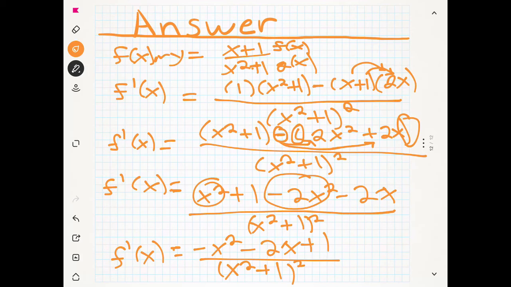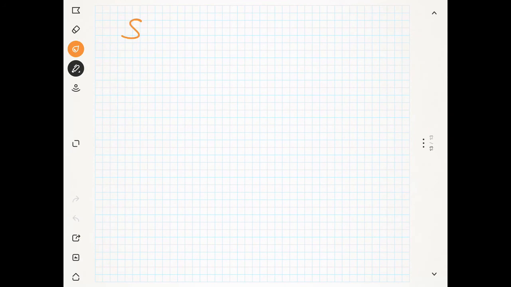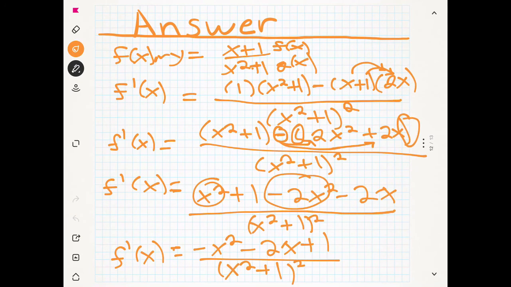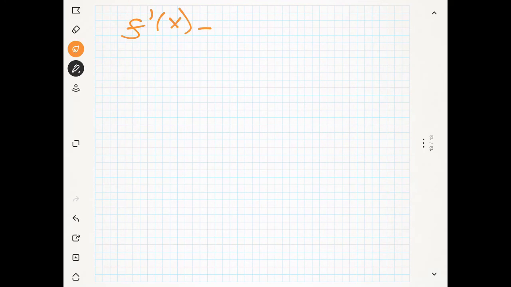Now I just want to see if there is any other way to simplify this, because that's another important thing. You need to try and simplify your answer as much as possible.